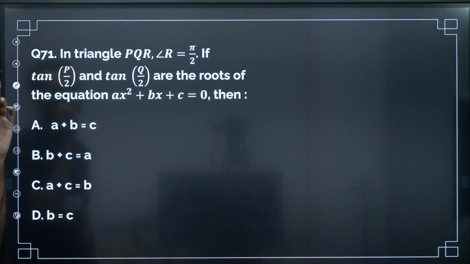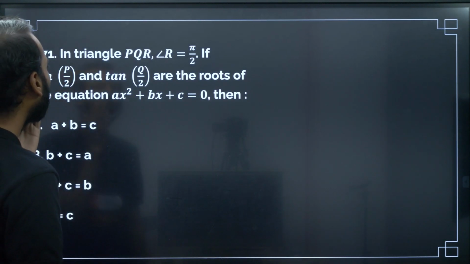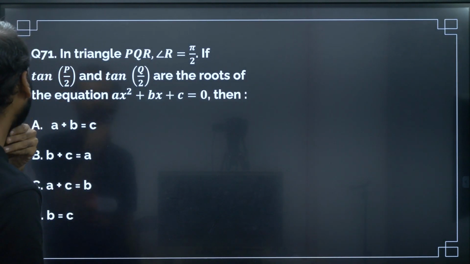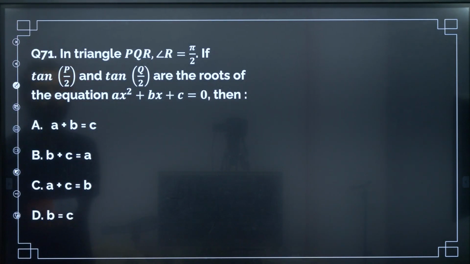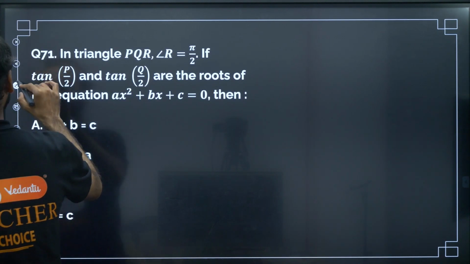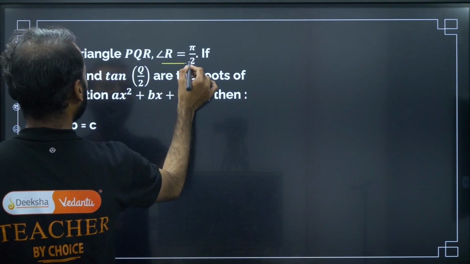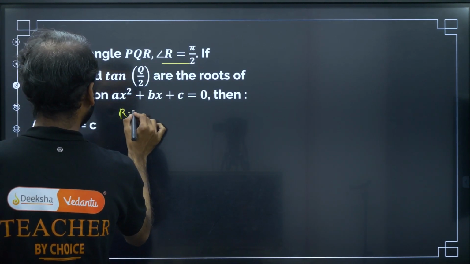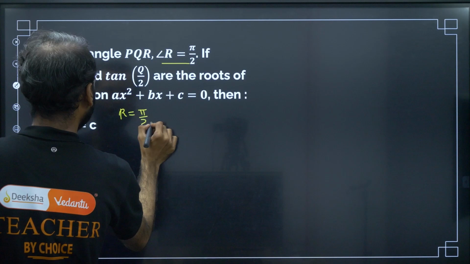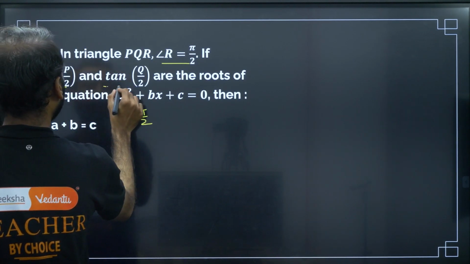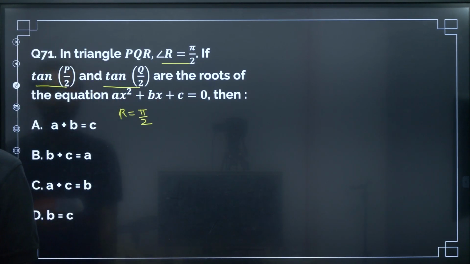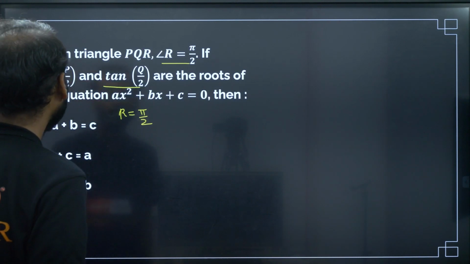If in a triangle PQR, angle R is pi by 2, and tan p by 2 and tan q by 2 are roots of the equation... So they have given some data: R is equal to pi by 2, and tan p by 2 and tan q by 2 are roots of the equation.